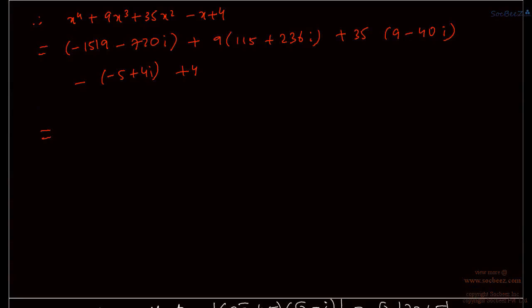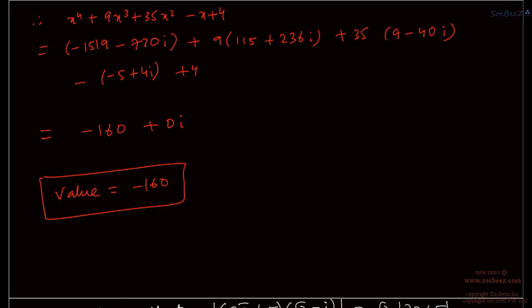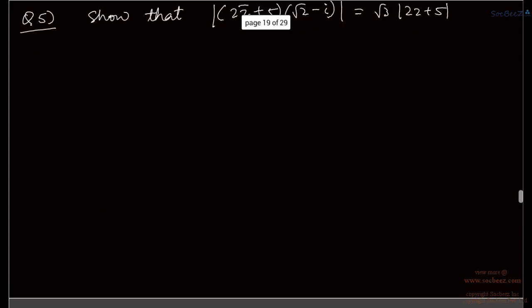So now it's just the addition of five different complex numbers, which finally gives us the real part as minus 160 and the imaginary part as 0. So it's actually just a real number, hence the value is minus 160. Right? So in this question, the expression may look a bit scary, but the procedure is very simple. You just have to find out the forms for all the different complex numbers x squared, x cubed and x power 4 and just substitute them in the equation.